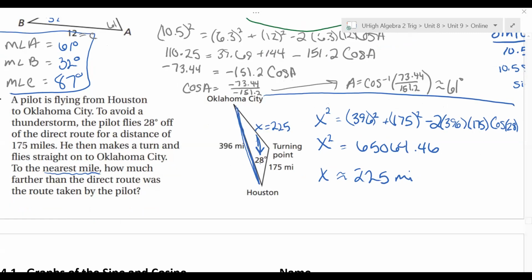So my direct route would have been 396. So the route that I took was 175 plus 225. I want to add those together, subtract what my direct route would have been, and I could find that it was only 4 miles further.